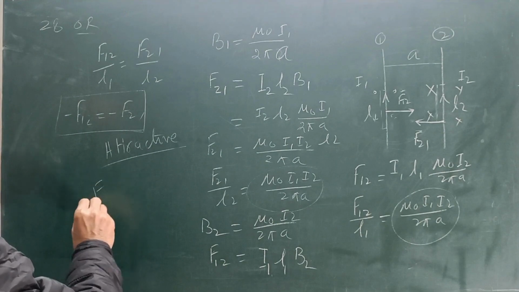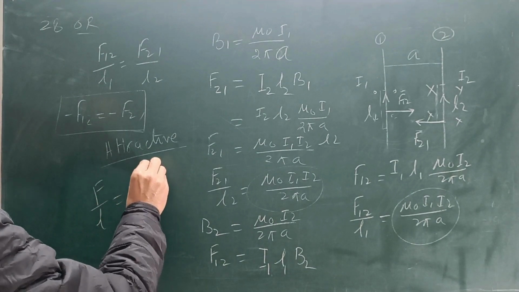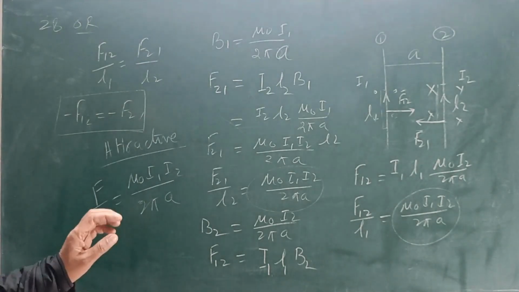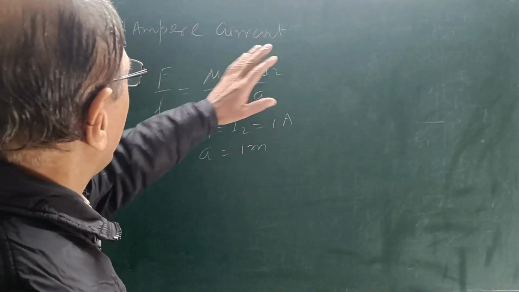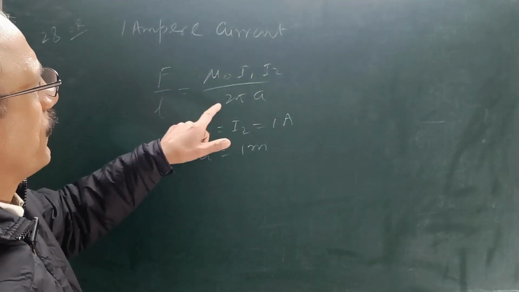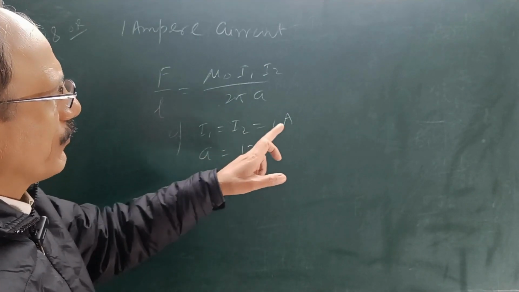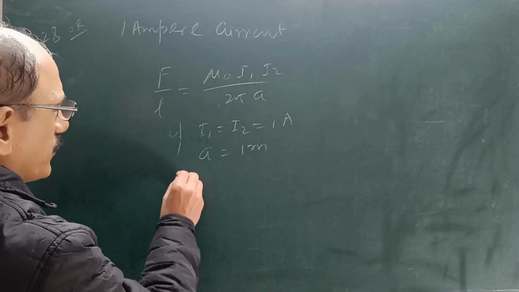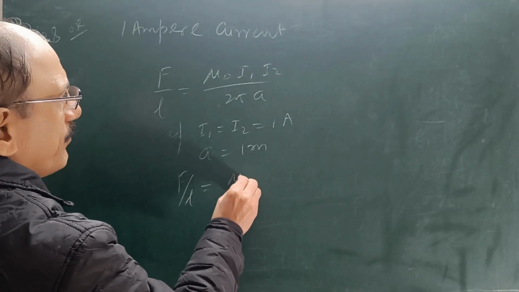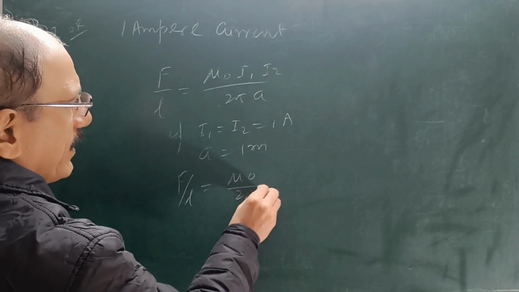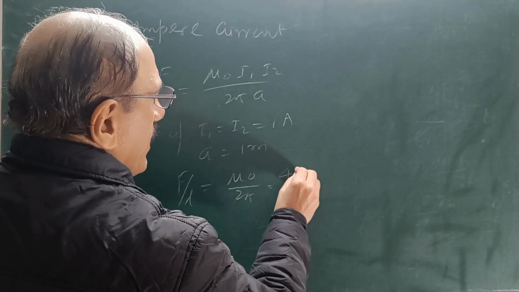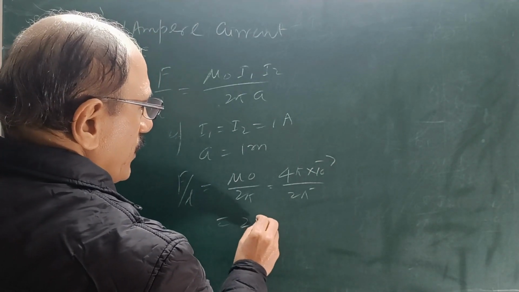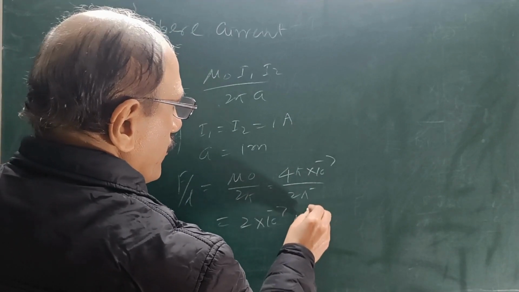So here we have F upon L equals mu naught I1 I2 upon 2 pi A. To define 1 ampere current, we can take F upon L equal to mu naught I1 I2 upon 2 pi A, and if I1 equals I2 equals 1 ampere and A equals 1 meter, then this force per unit length will be equal to mu naught upon 2 pi, and mu naught is 4 pi into 10 to the power minus 7 divided by 2 pi. So that comes to be 2 into 10 to the power minus 7 Newton per meter.